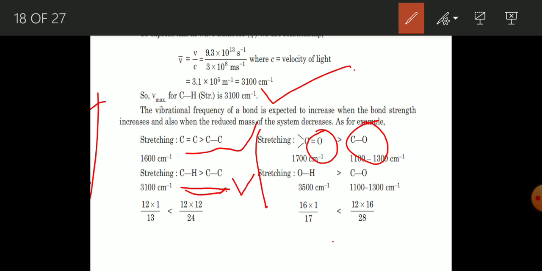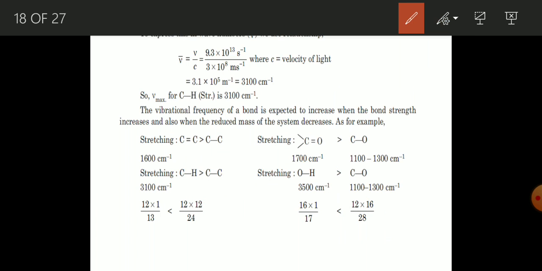Next example: comparing the vibration frequency of OH and CO, OH has a higher vibration wave number when compared to CO, because the reduced mass of OH is 17 and the reduced mass of CO is 28. So OH will show higher vibrational frequency.